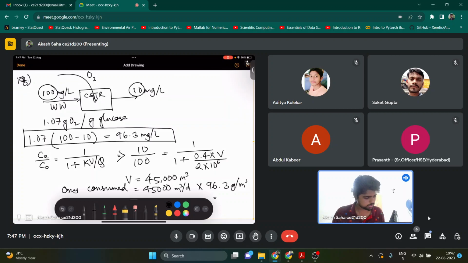Ultimately it will come as 4333.5 kg per day. So this much amount of oxygen will be consumed. Is it clear? Is it fine?